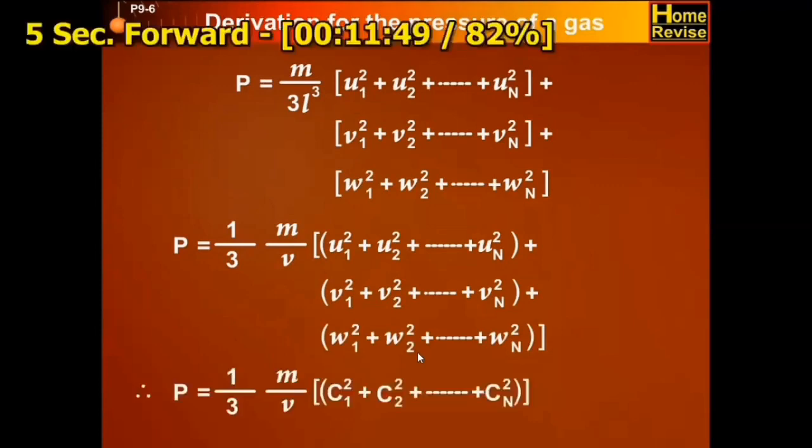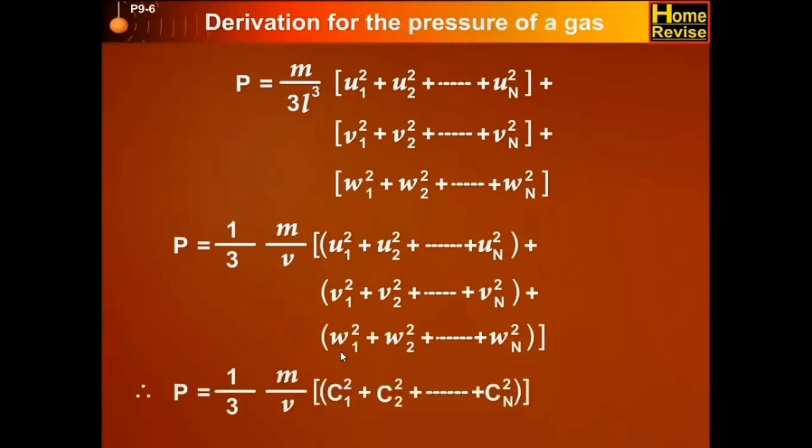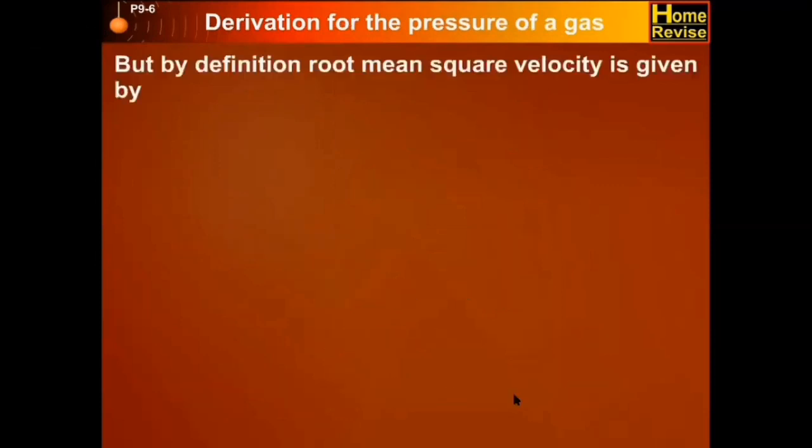And finally the sum of the x, y, and z directions for the first particle's velocity is c1 squared, c2 squared for the second particle, and the last cn squared.